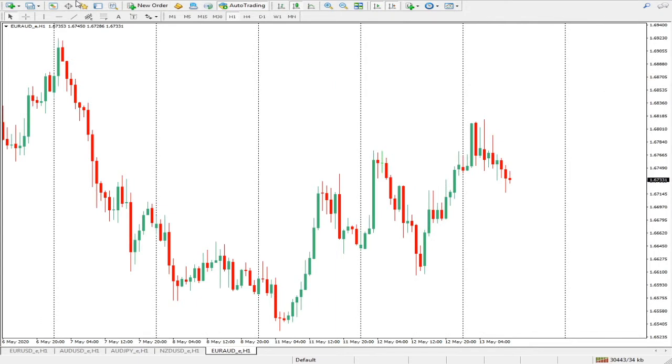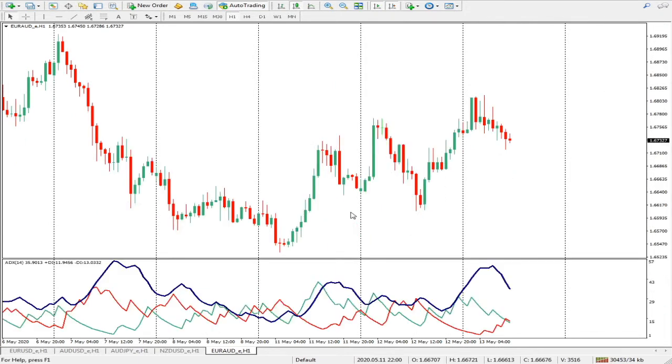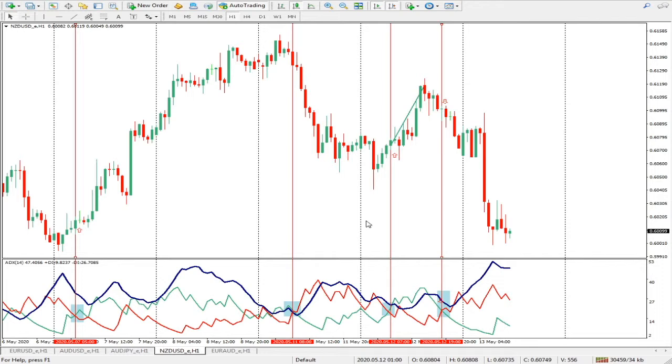Let's add the same indicator and see if that will give us the same thing. From yesterday we had a sell around 7 in the evening. We had a sell on the USD. See what was happening at 7 p.m. on Euro AUD.